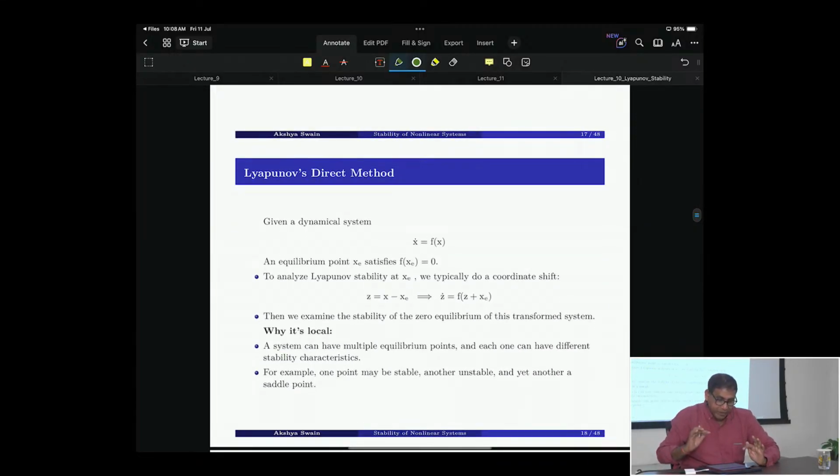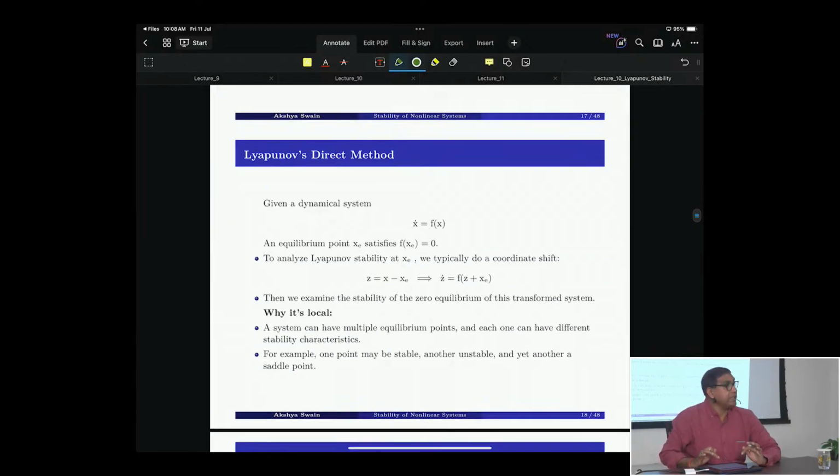See here. Given a dynamic system x dot is equal to f of x, an equilibrium point x_e satisfies f of x is equal to 0. To analyze Lyapunov stability at x_e, we typically do a coordinate shift.